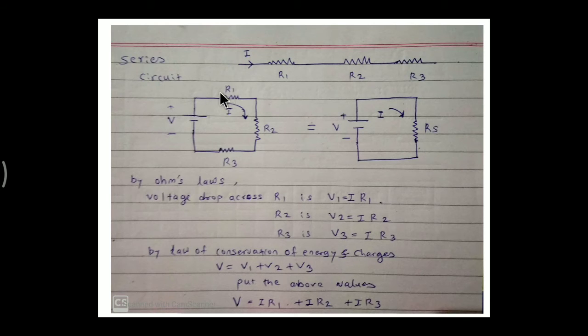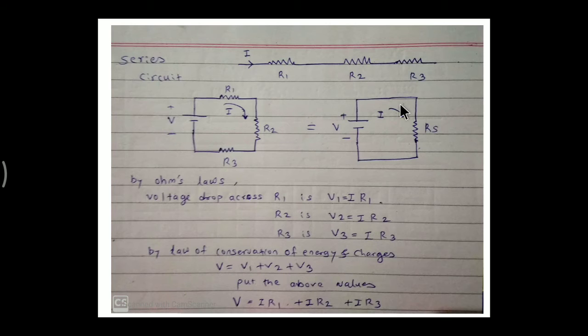This one is the R1 resistance, this is R2 resistance and this is the R3 resistance, connected in series to each other. In this circuit, current I flows through each of the resistances in this way, conventional current, that is positive to negative. This arrow shows the direction of current, that is from R1 to R2 and then to R3.